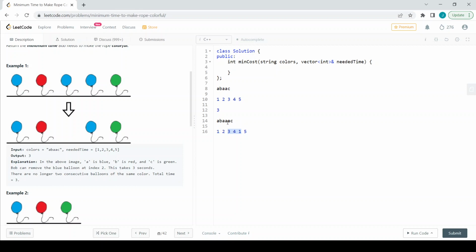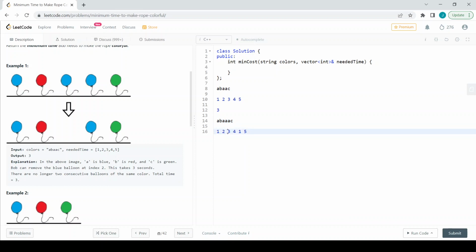We will be removing the third balloon and the fifth balloon because they have the minimum times, 3 and 1. So these three consecutive balloons become just the one with time 4 after removing the third and fifth balloons. Here, as you can see, there are no consecutive balloons.